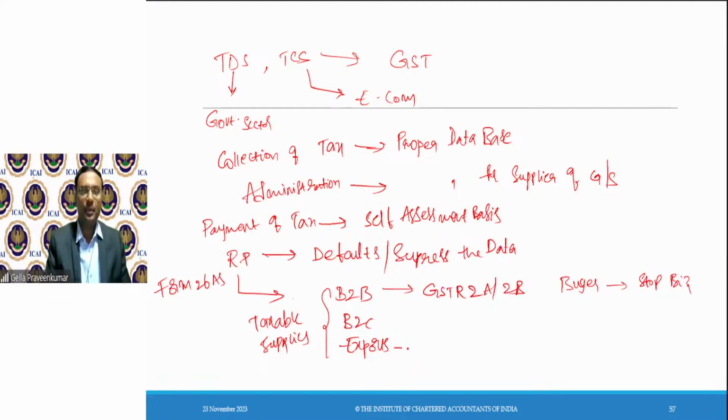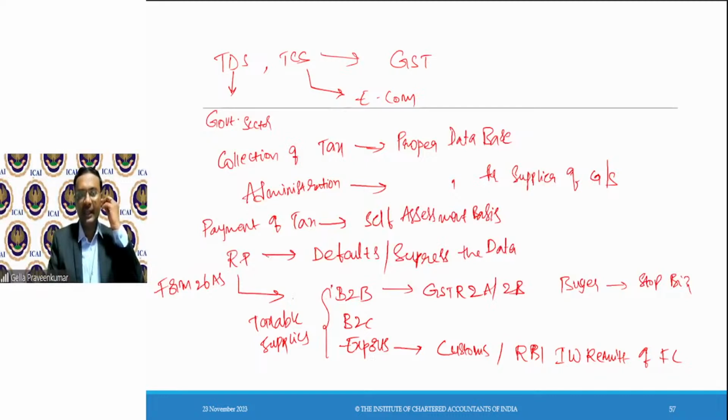In the case of exports, there is a track through customs for goods, and a track through RBI for inward remittance of foreign currency. So B2B and exports are the cases where things are taken care of promptly.